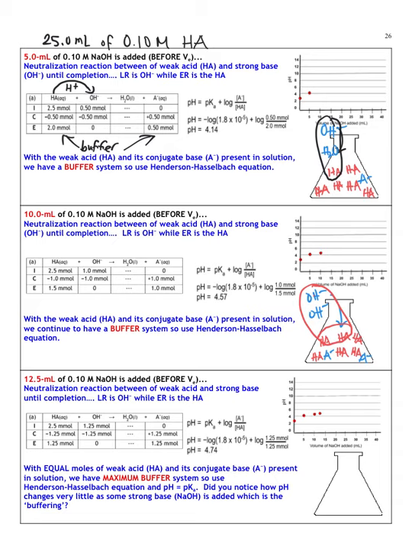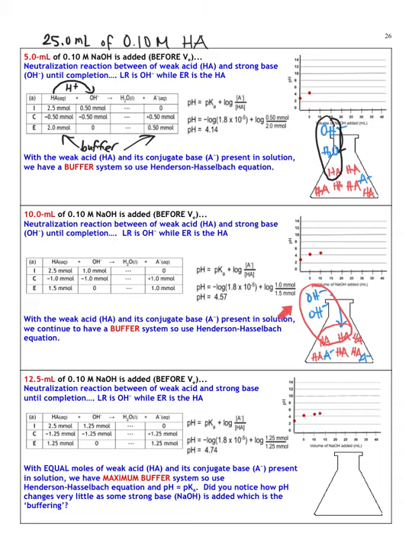Now notice the ratio of HA is still more than A minus, right? There's 4 of these compared to 2 of these. It's pretty much not the same ratio, but let's see, this is 3 halves. 1 divided by 3 halves is 2/3. So for every 2 of the A minus, there should be 3 of these HAs.